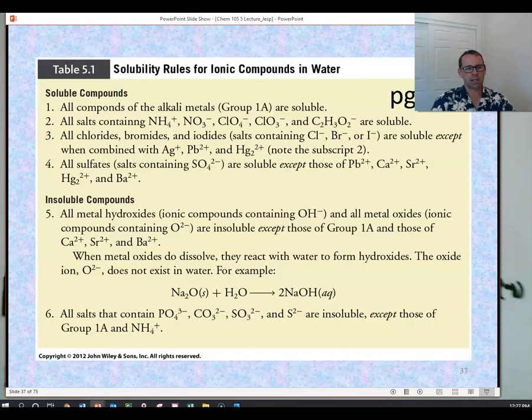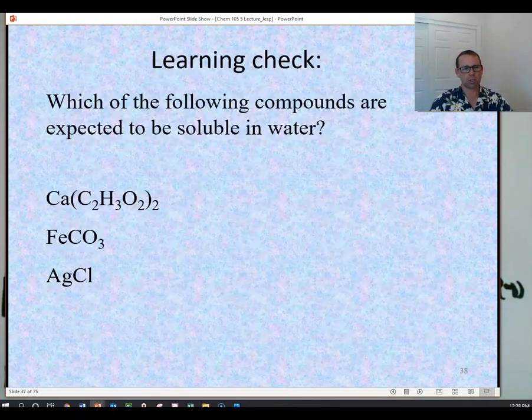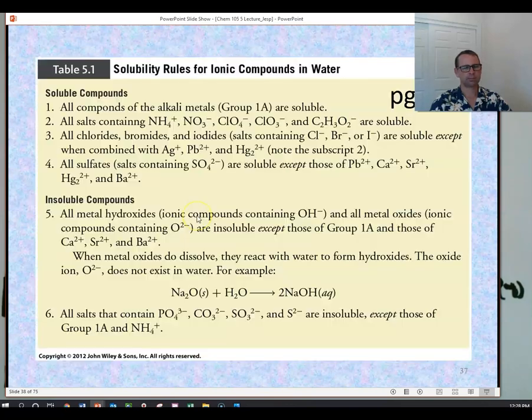So let's practice again our solubility rules and predict whether or not we think these compounds are going to be soluble in water. What do you think? Is this first one going to be soluble? Calcium acetate.